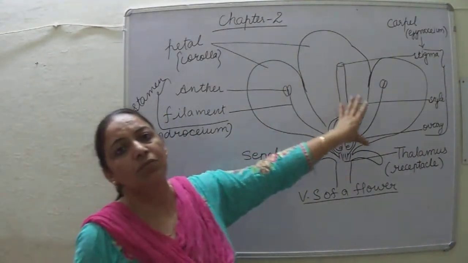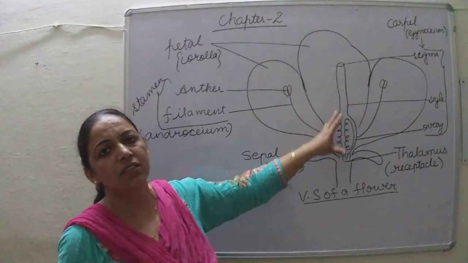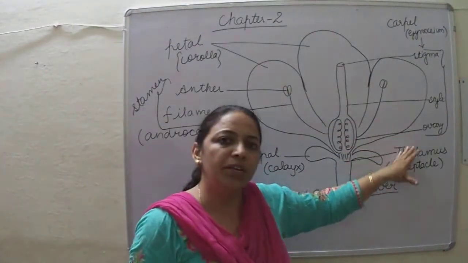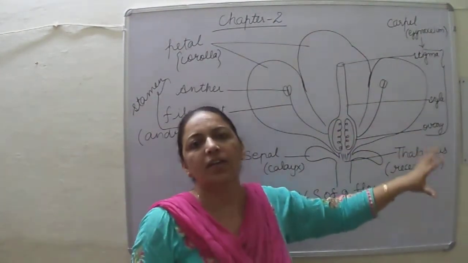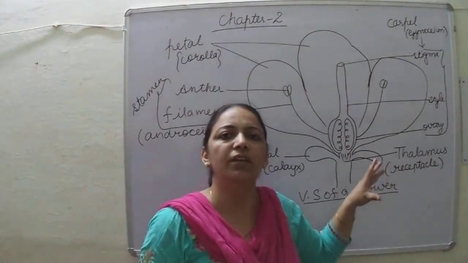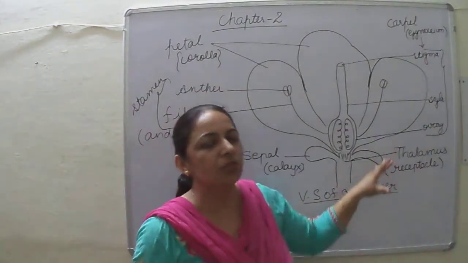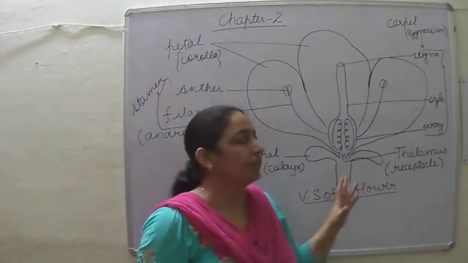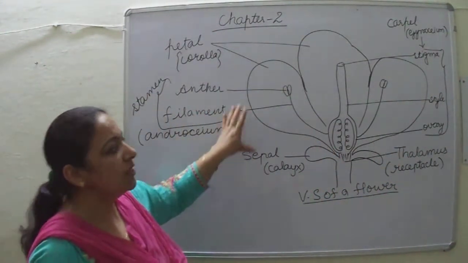Flowers are formed in the axils or terminal axils of the leaf or stem, known as the bracts. Now, what is a flower?